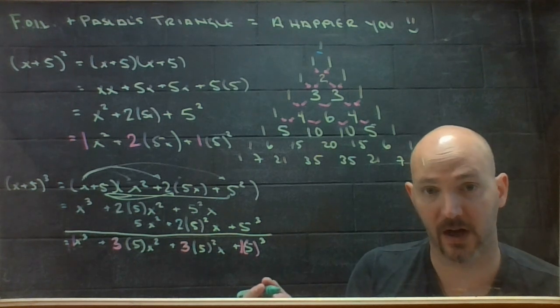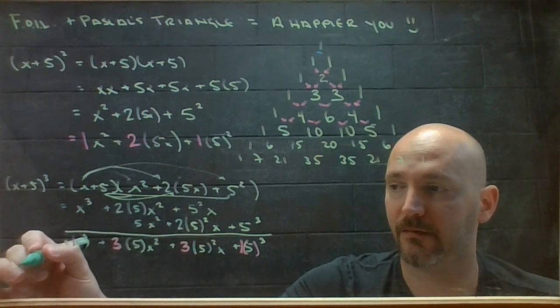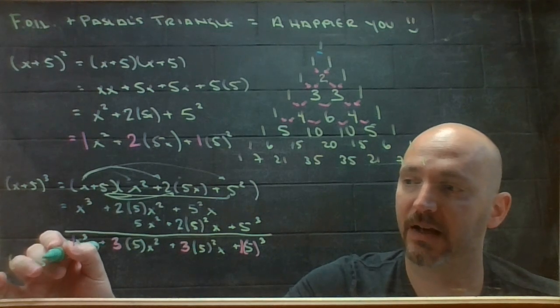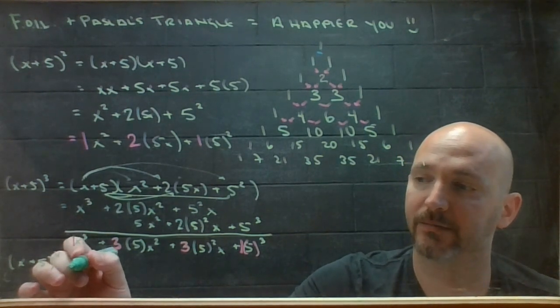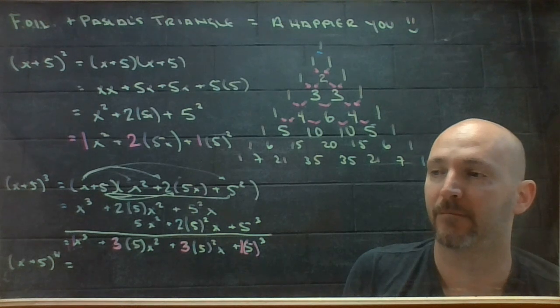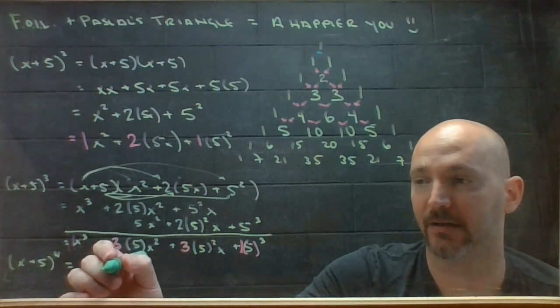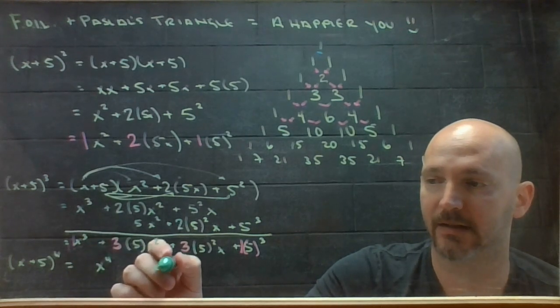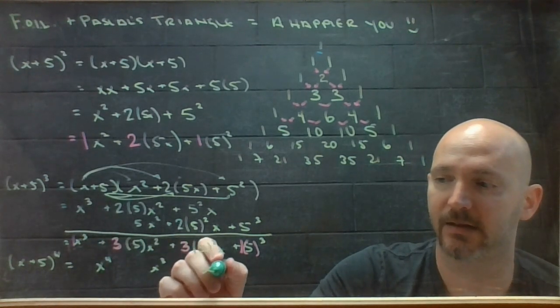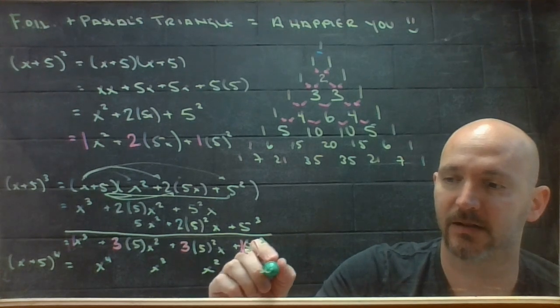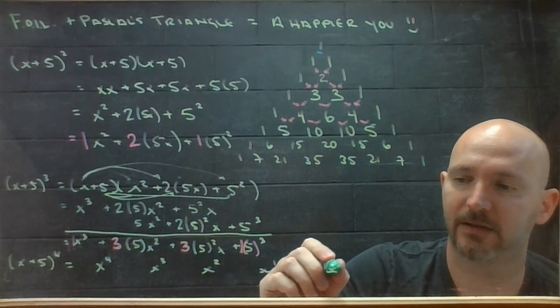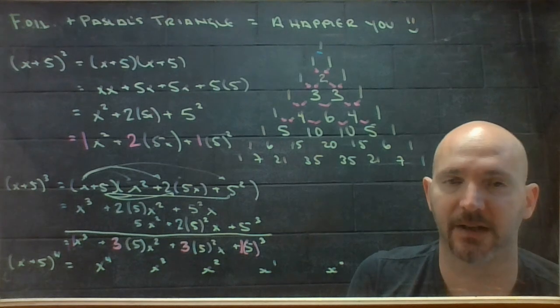So just to try that, if you tried to do x plus 5 to the power 4, well, I need descending powers of x. So x to the 4, x to the 3, x to the 2, x to the 1, and then x to the none. You can put that in for completion.